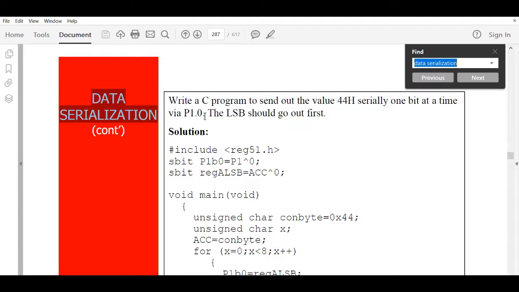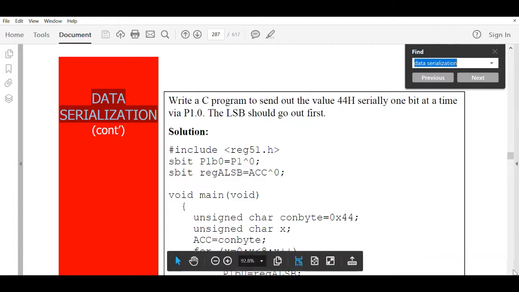If you are writing the assembly language program, then we'll move 44H to the accumulator first, then rotate to the right because LSB should go first, rotate right with carry, and the carry value will be sent to the port, here P10. That is the basic logic which we will be using in assembly language programming.